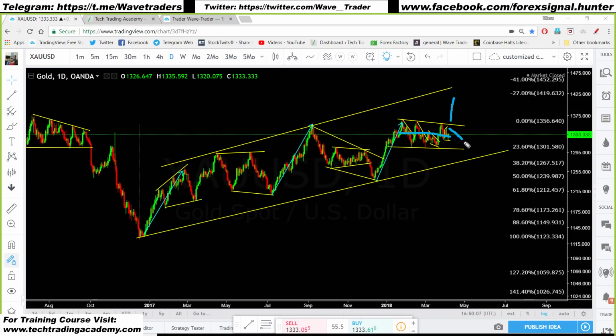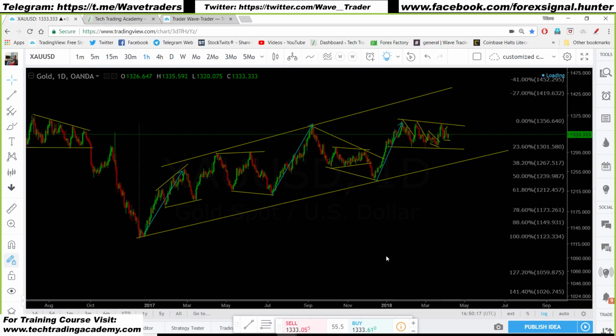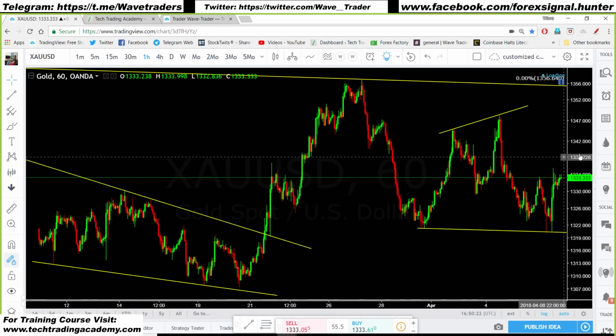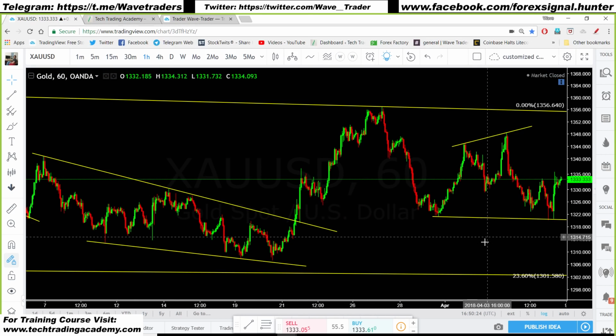One more drop and like that we can see that. Let the market come close to the top again and look for a sell from the high. Even you can buy for short term, it's up to you guys.